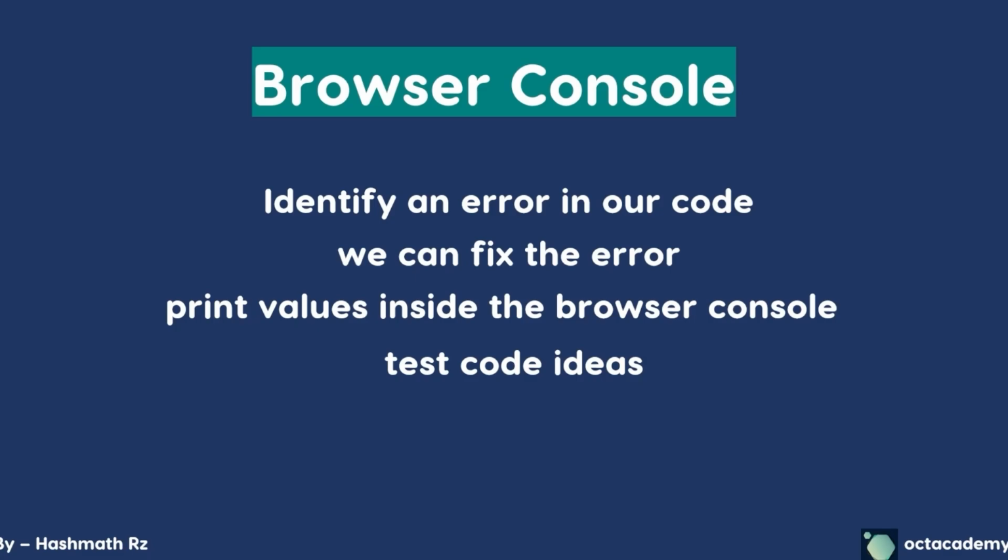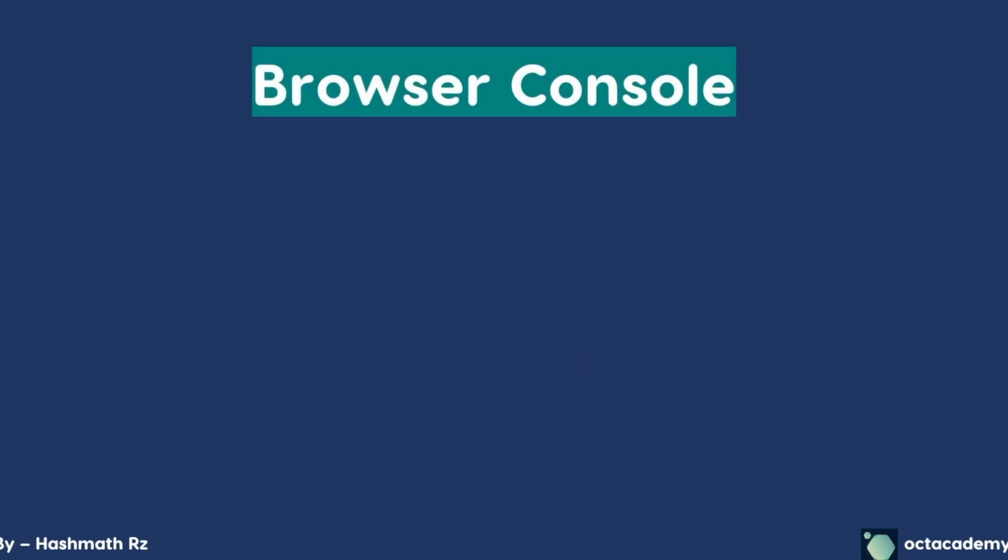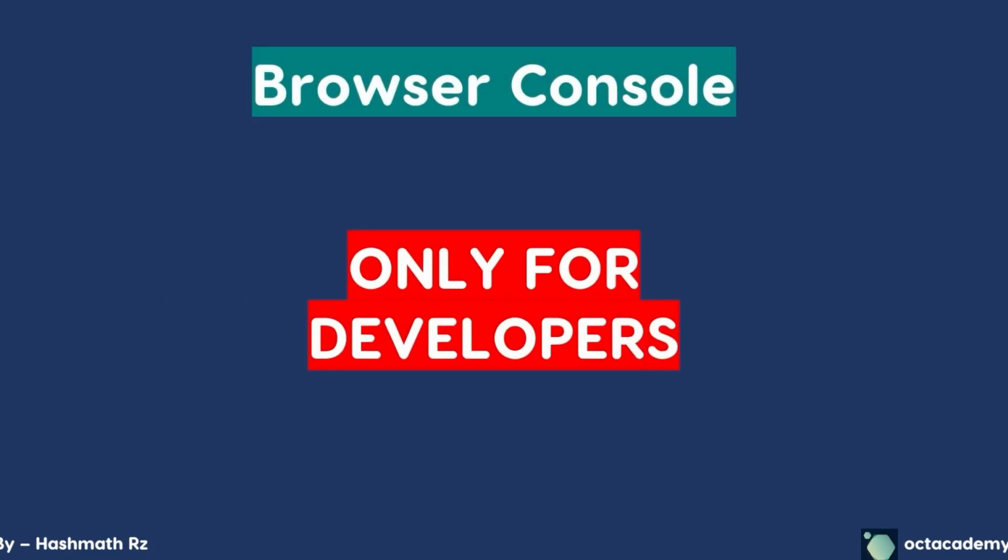Guys, before we move on, please note this browser console is only for developers to use in the development stage. So this is used for debugging and logging information for developers only. The end user will not interact with these developer tools. So guys, for example, when a user opens our website, if we want to show a message, we will show them a JavaScript alert message, like our first example.